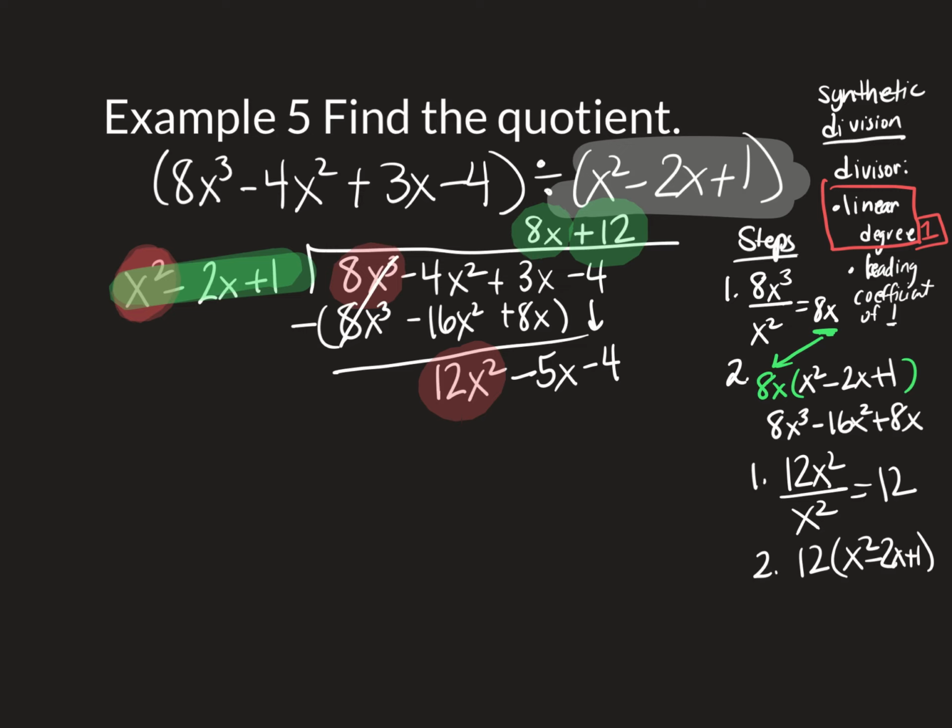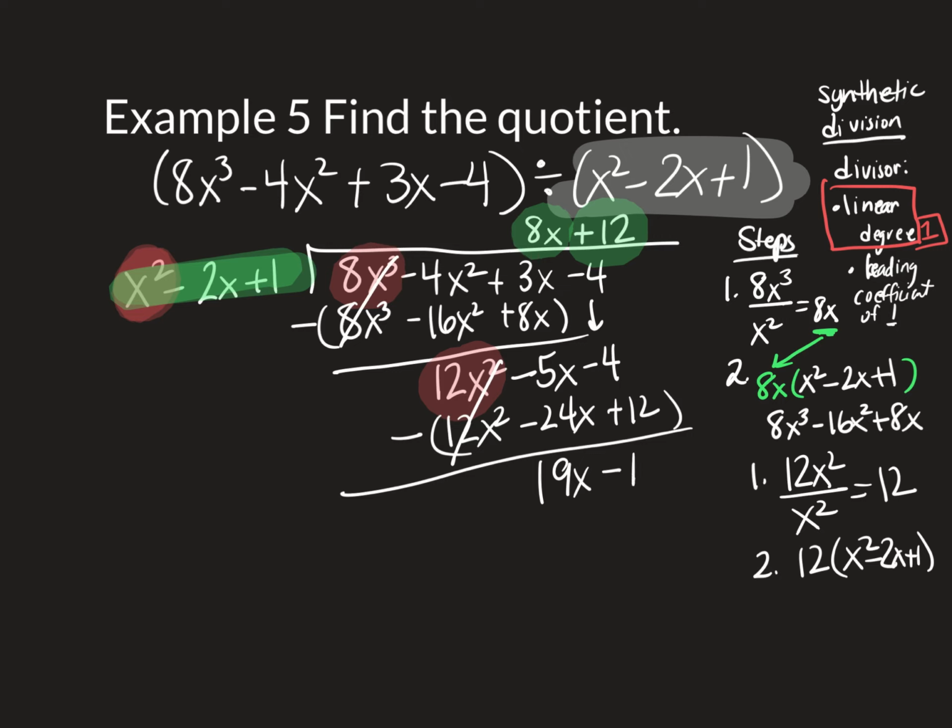So 12 times x squared is 12x squared. 12 times negative 2x is negative 24x. 12 times 1 is positive 12. Now subtract. 12x squared minus 12x squared goes away. Negative 5x minus negative 24x is positive 19x. Negative 4 minus 12 is negative 16. And that is my remainder.